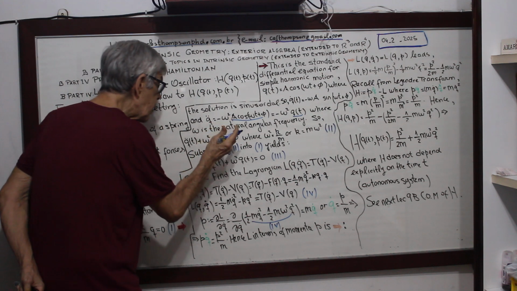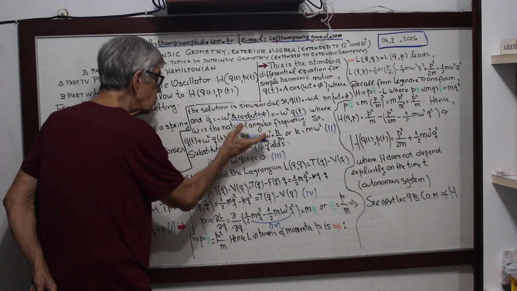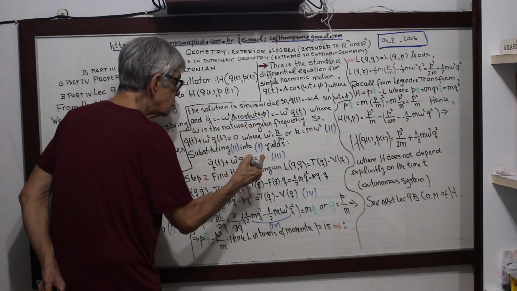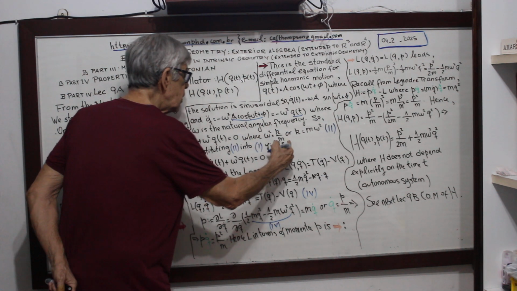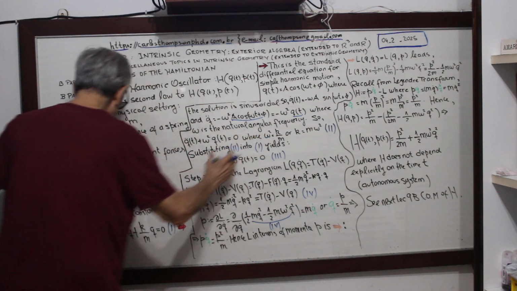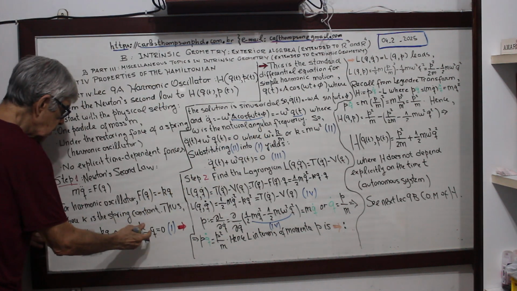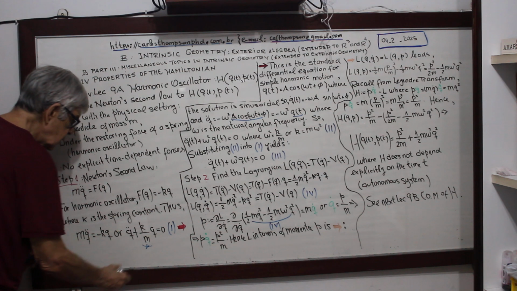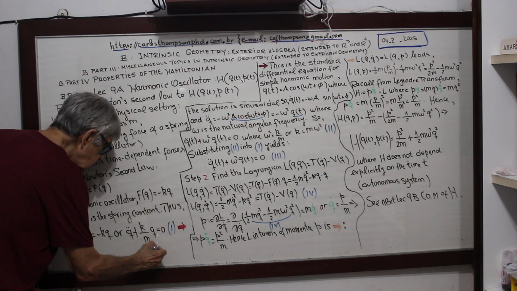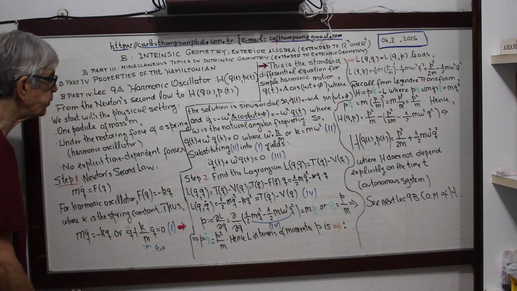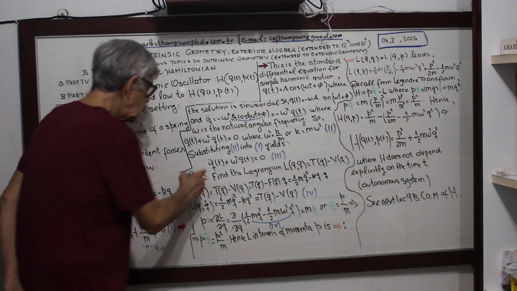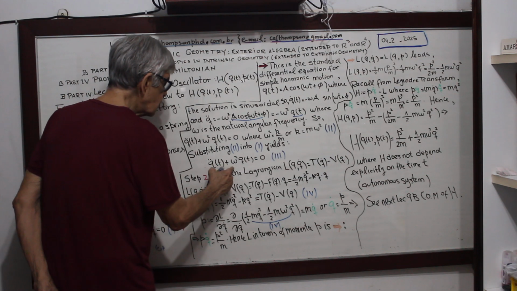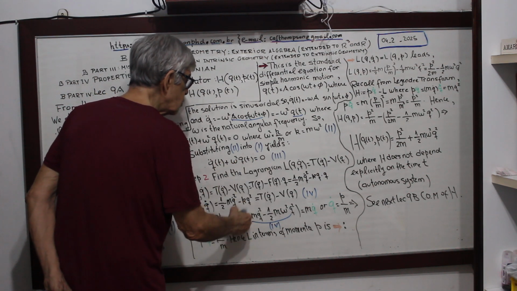Now I compare the solution with this equation, and this leads me to write that omega squared is k over m. So I compare with this, and this term there is just omega squared. It's quite clear. So the acceleration plus omega squared q of t is equal to 0.